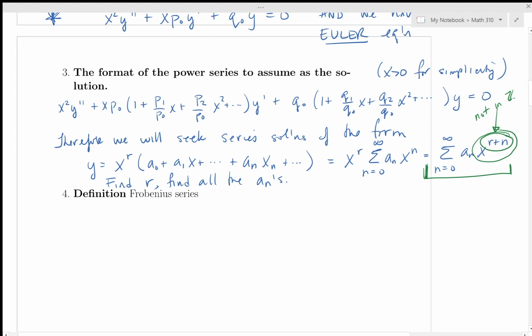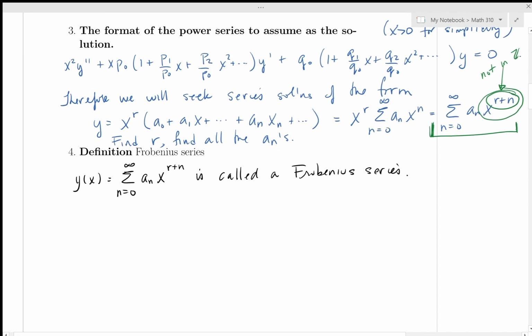Let me just write this here. y of x equals this infinite sum, n equals 0 to infinity of a_n x to the r plus n, is called a Frobenius series. Okay, so I'm not going to prove this, but I will state it.